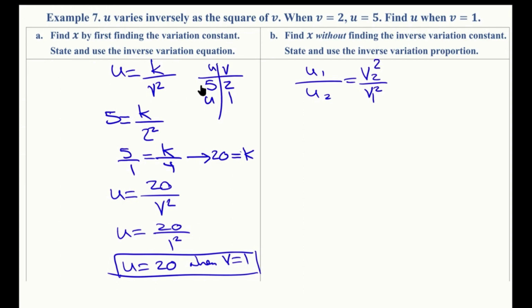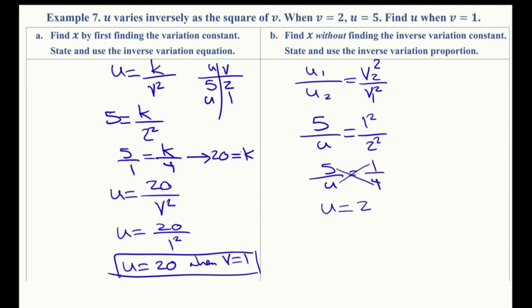So we have 5 over u equals v2. Remember, this is u1, v1. This is u2, v2. So v2 squared, which is 1 squared, over v1 squared, which is 2 squared. So we get 5 over u equals 1 over 4. Now we cross multiply. We get u equals 5 times 4, which is 20. And again, that's when v equals 1.